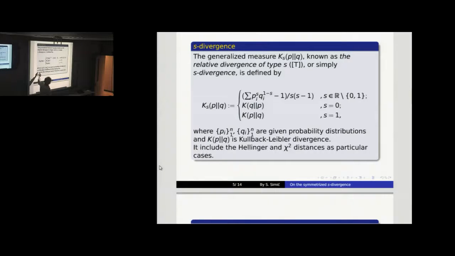And it included, as we said, the Kullback-Leibler divergence, and more than this, it included the Hellinger and chi-square distances as particular cases. How do we obtain it?